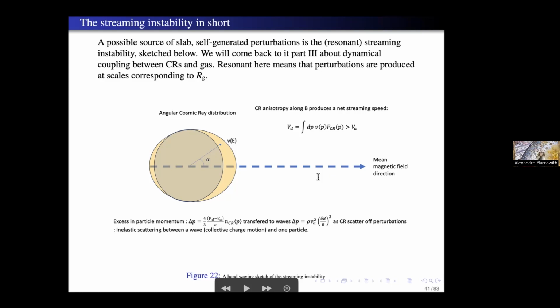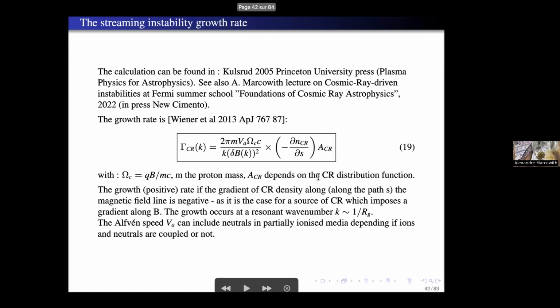So this is the essence of the streaming instability. And waves mean magnetic fluctuation. So that means that way, cosmic rays can produce their own magnetic field at a scale of the order of the Larmor radius of the particle, at very small scale for GeV particles. I hope it's clear. It's an important aspect.